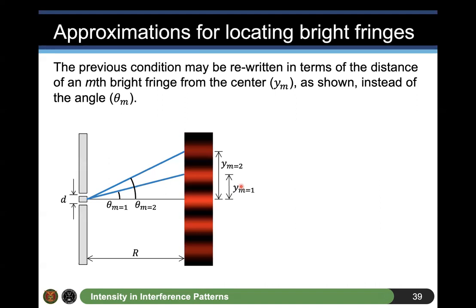So, now, let's apply this to approximate yung location ng bright fringes dun sa viewing screen. Ito na yung mga y, height, or distances from the center. So, the previous condition can be written in terms of this location of the mth bright fringe, y sub m, instead of theta sub m.